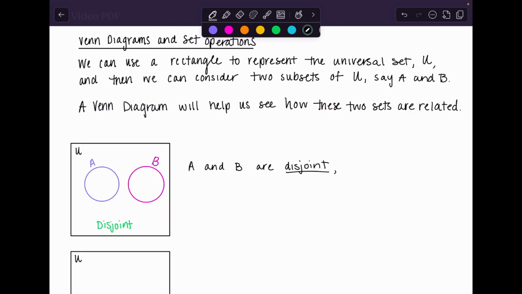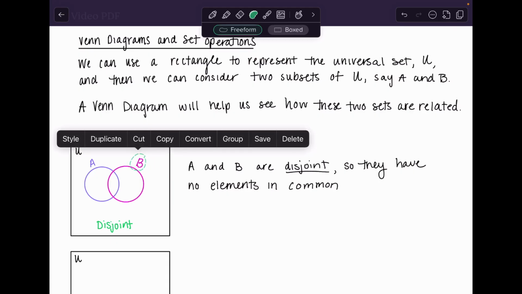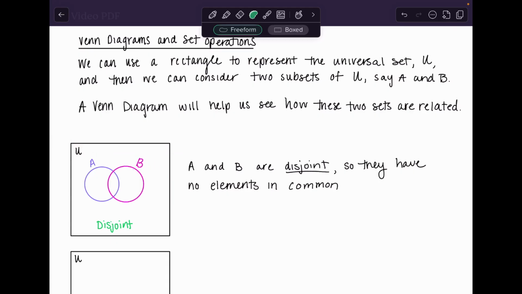So they have no elements in common. So this is the best way to represent that. Again, when you're starting a problem, you're always going to draw your Venn diagrams like this. But then once you list everything, you would see the center part here would be completely empty. So the better way to draw the Venn diagram would be to show two separate circles.